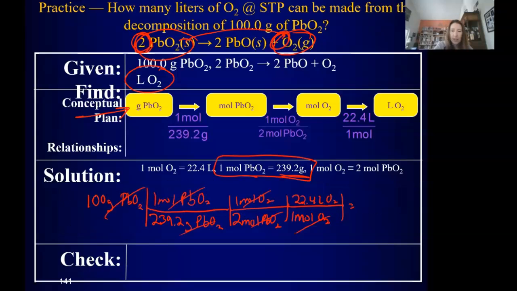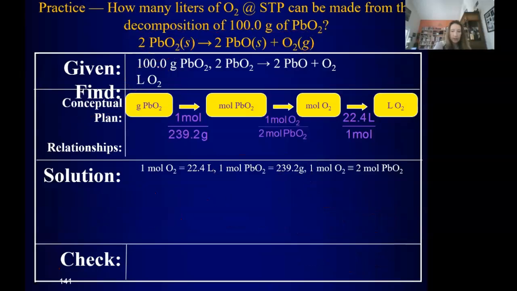And you end up with 4.68 liters of oxygen. Okay, so again, our little new piece here, but it only works because this was at STP. If it hadn't said that, it would have been a much longer problem. So when you see that STP, you think, oh, can I use my shortcut here? It's much faster.